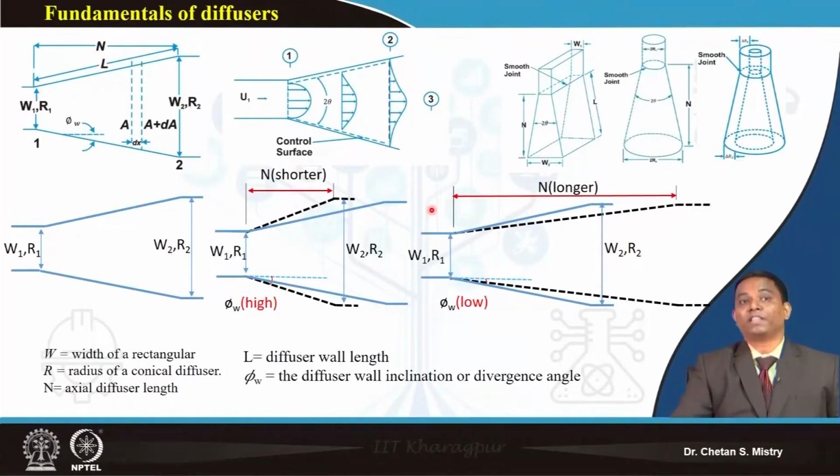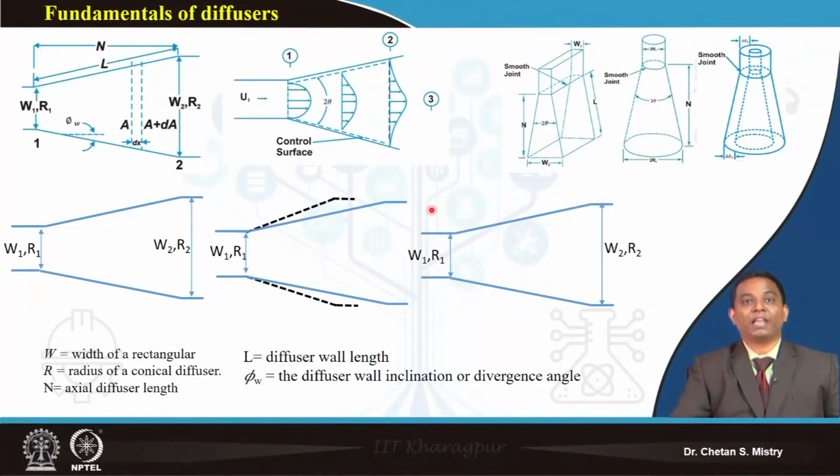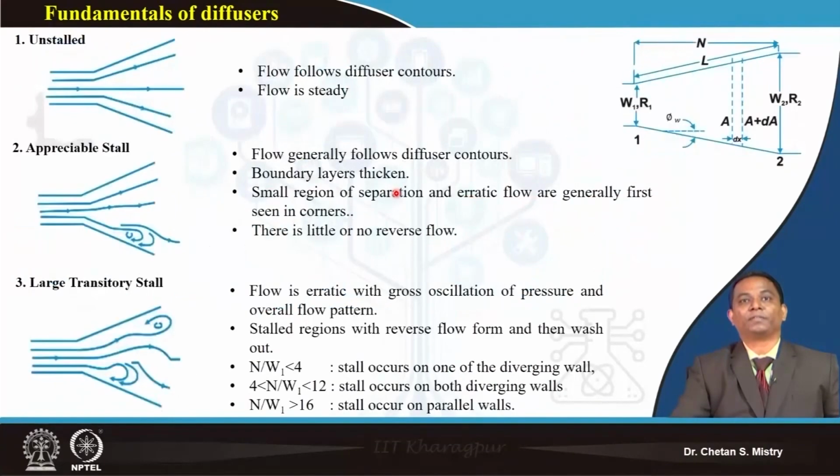Now for all these three configurations, if you look carefully, each has a specific meaning and a specific application. Okay. So let's try to understand what is happening within this flow passage. So here, this is representing my streamlines.